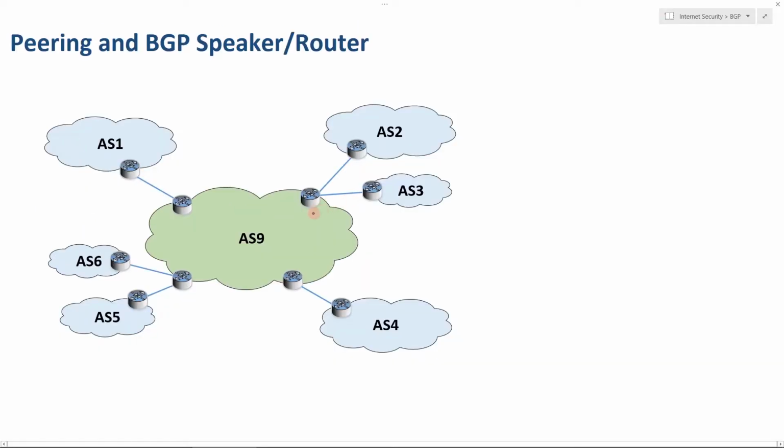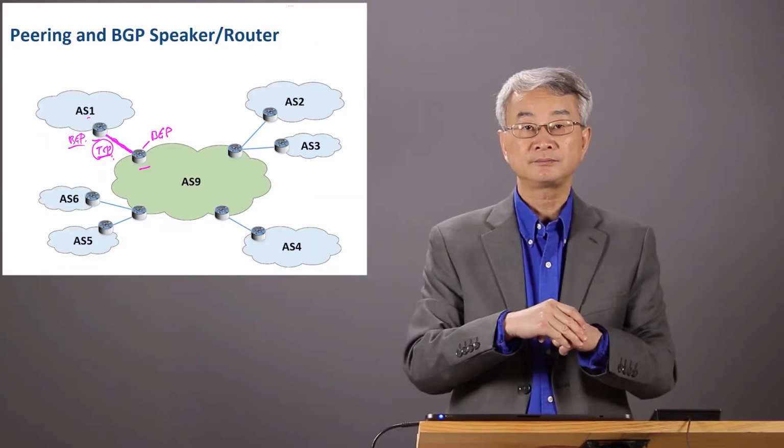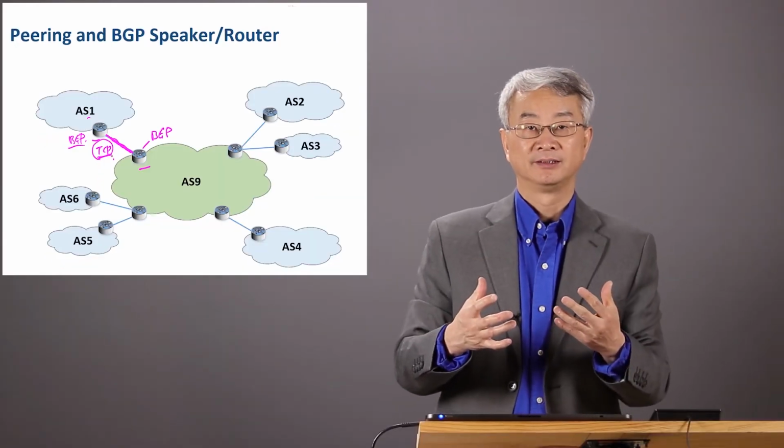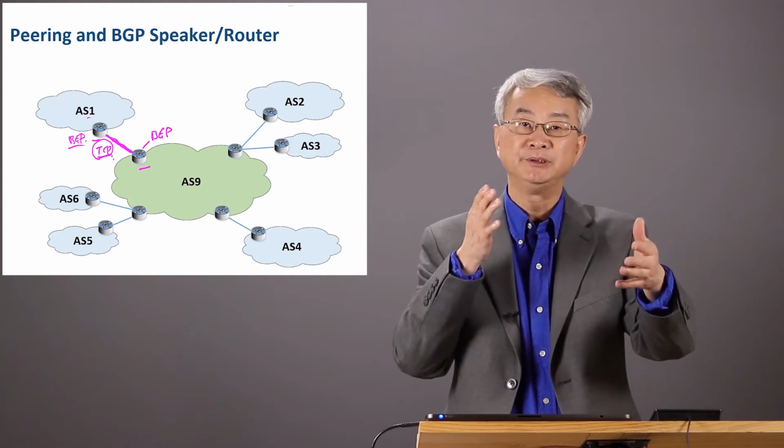If two autonomous systems, AS1 and AS9, want to peer, they will have a physical connection so they can reach each other physically, and they're going to set up BGP speakers. The BGP speakers connect to each other through a TCP connection and exchange information using this TCP connection. That's called peering. They will run the BGP protocol.